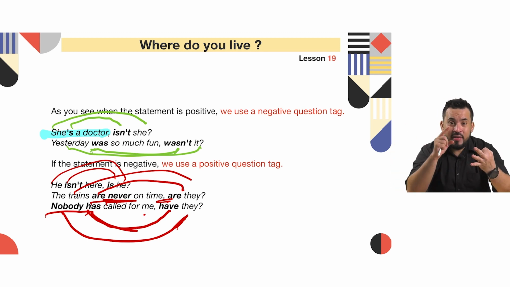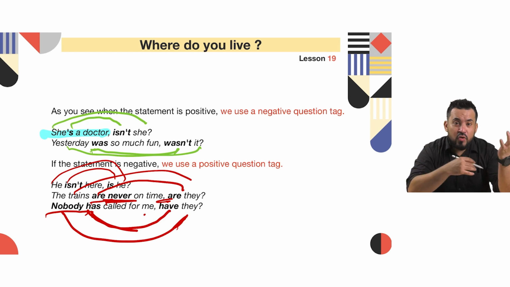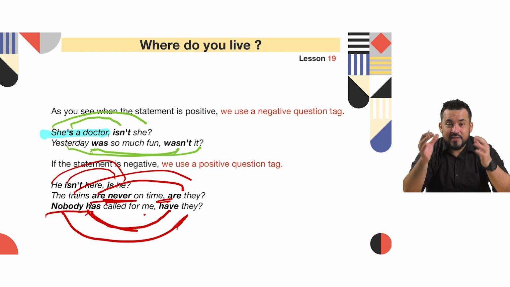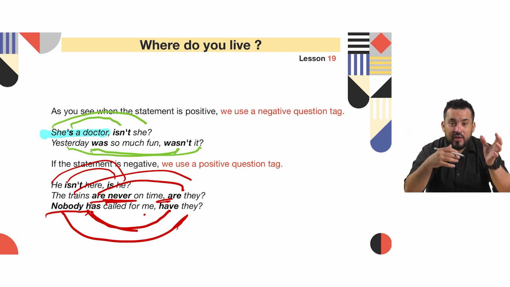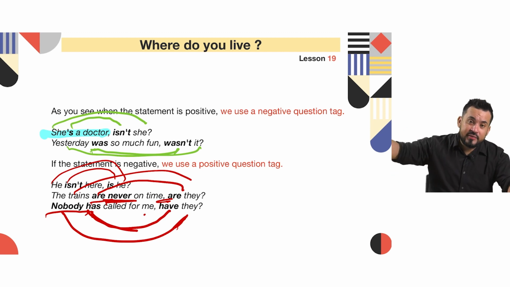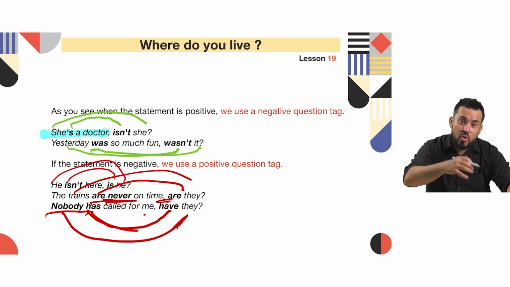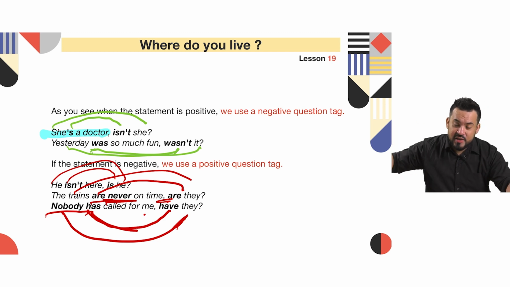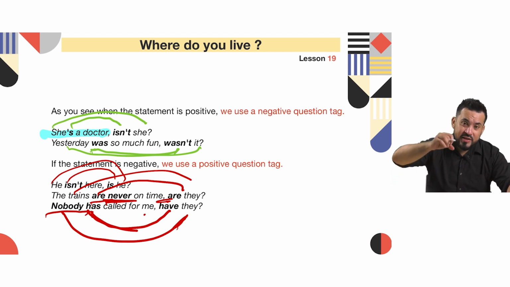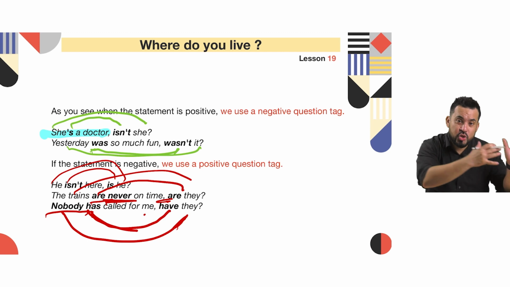Nobody, anybody, somebody. We always follow these with a single form. Okay? Somebody has it, nobody has it, anybody has it. But if we're making the tag question here, we are not going to use nobody, so we're just going to use they, which is the pronoun that refers to them.